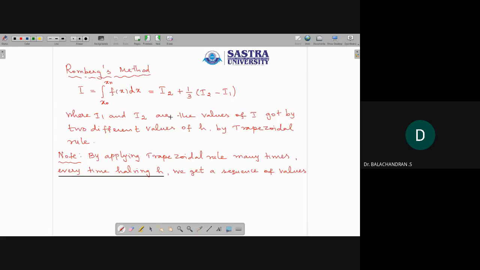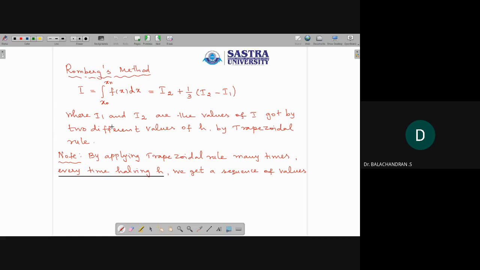So the next method is Romberg's method. Romberg's method is repeated application of the trapezoidal rule. Okay, this is not a new one. So here I am going to use the trapezoidal rule many times.